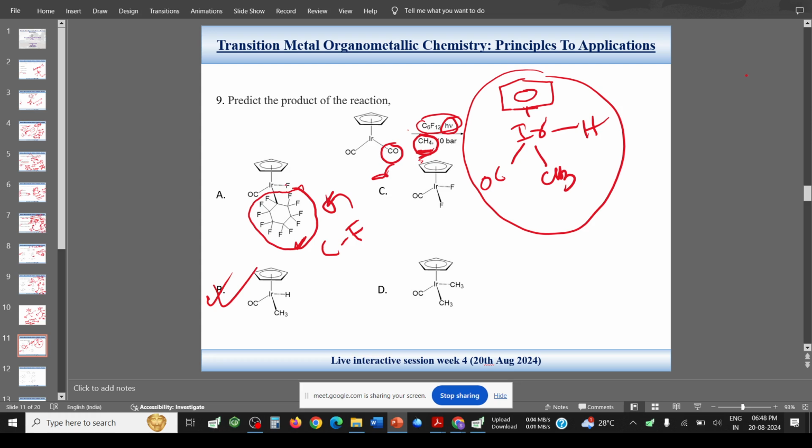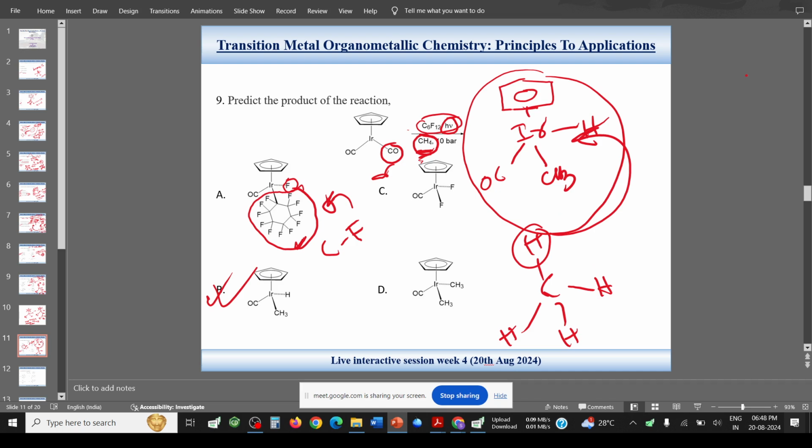You can see that one fluorine came here, and the iridium is joined with the carbon. That is the same as what is happening for the CH3, CH, H. One hydrogen goes there, and this CH3 moiety is attached to the iridium.